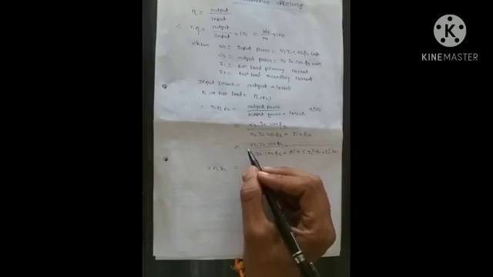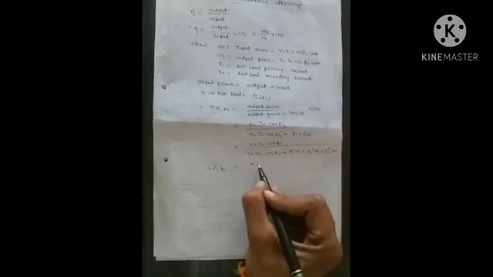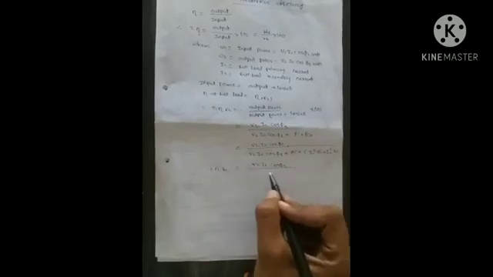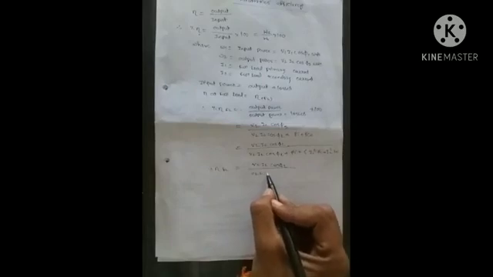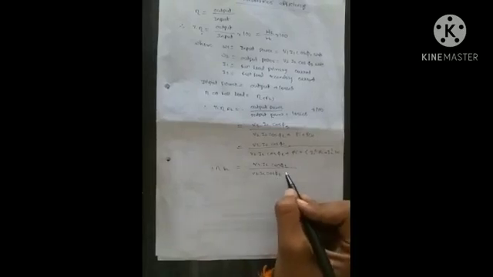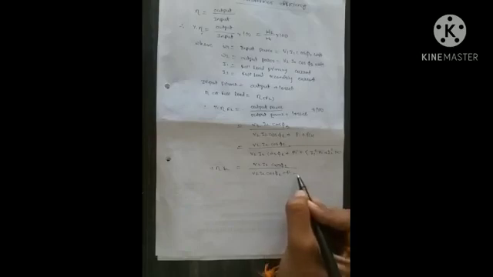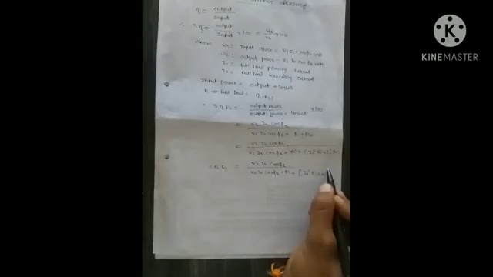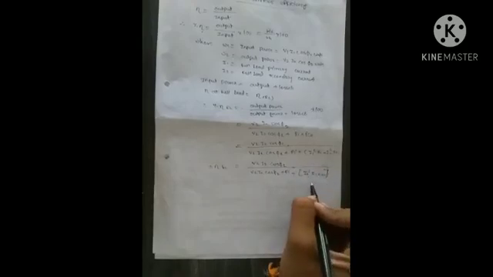We can simplify this equation as V2 I2 cos phi 2 divided by V2 I2 cos phi 2 plus Pi plus I2 square R2 equivalent. This equation we can write on the basis of full load efficiency of transformer considering the equivalent resistance concept.